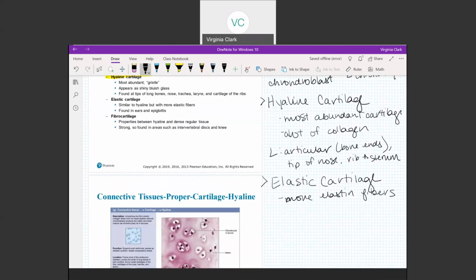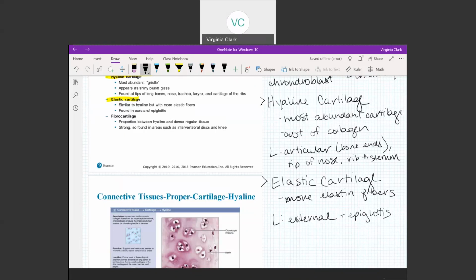This is where you need a lot of strength and a lot of stretching, some of that stretchability, if that were a word. You will find this in your external ear, your auricle, and your epiglottis, the connection between your trachea and your esophagus that directs air down your trachea and food down your esophagus.